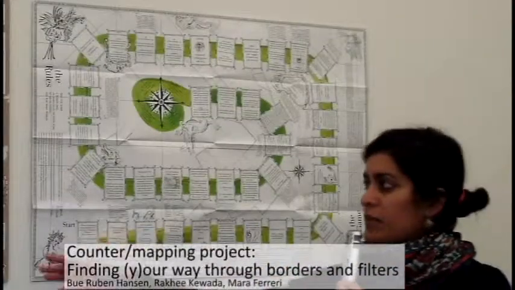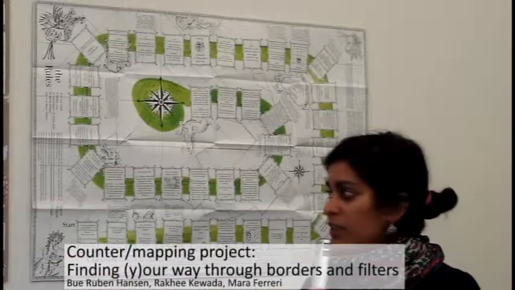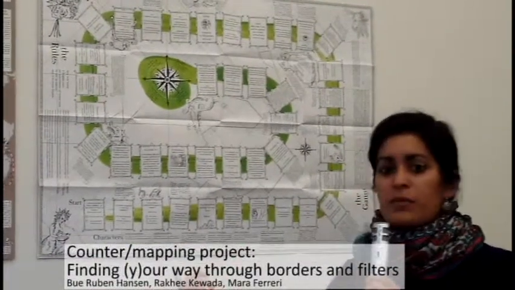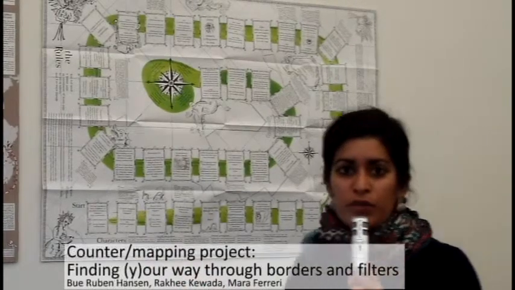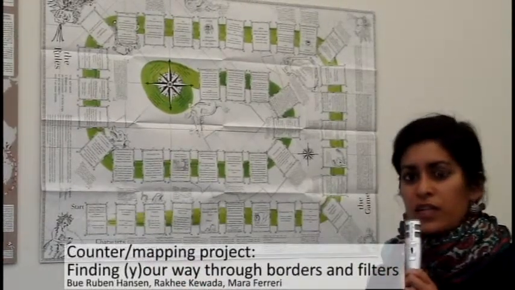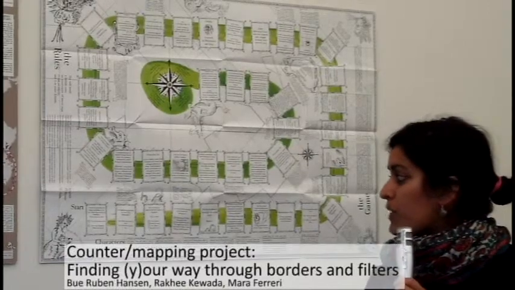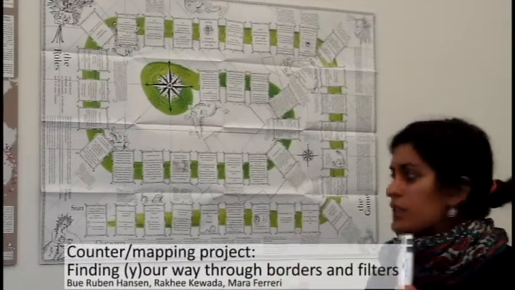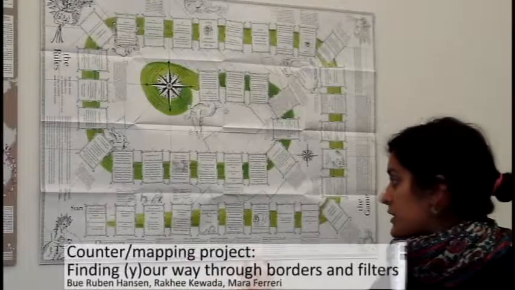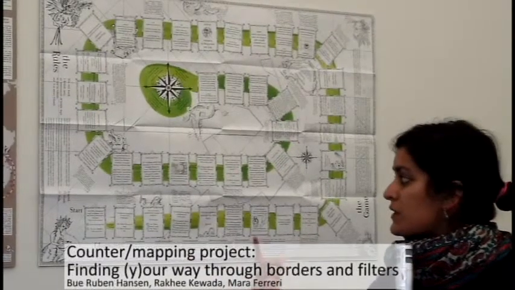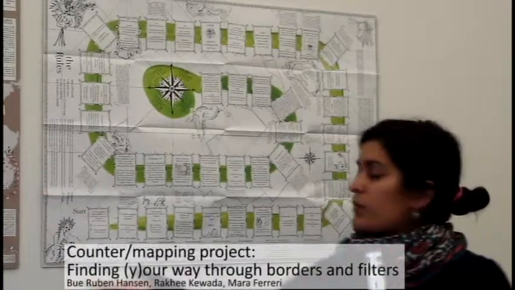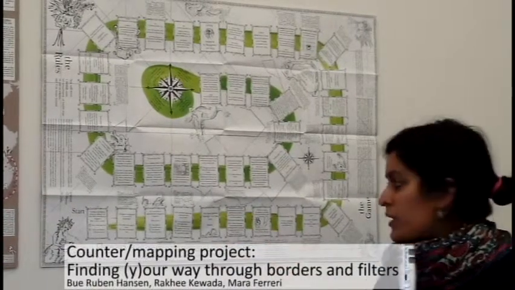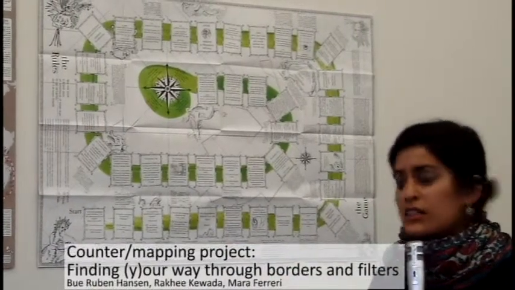Given that the map is really dense and complicated, the other side of the map that we produced is a game, which was really important for us because we felt that it would give a chance for people to embody different positions, first of all, and also to see how some of the processes that we represent on this side of the map are played out in people's realities, in a sense.